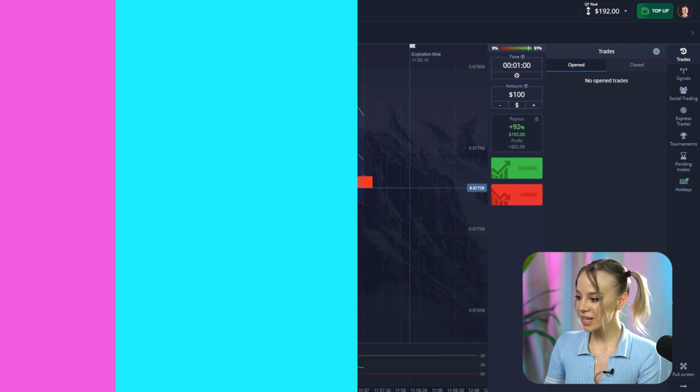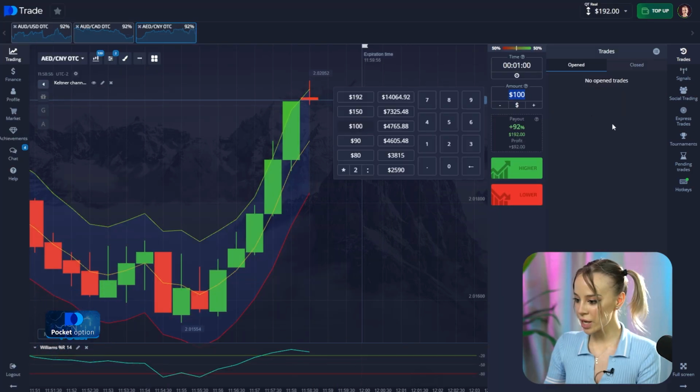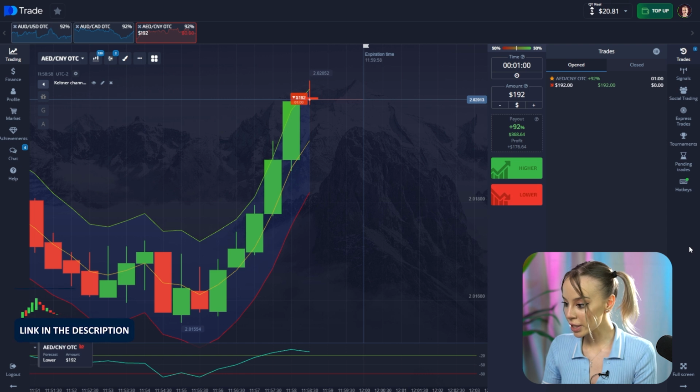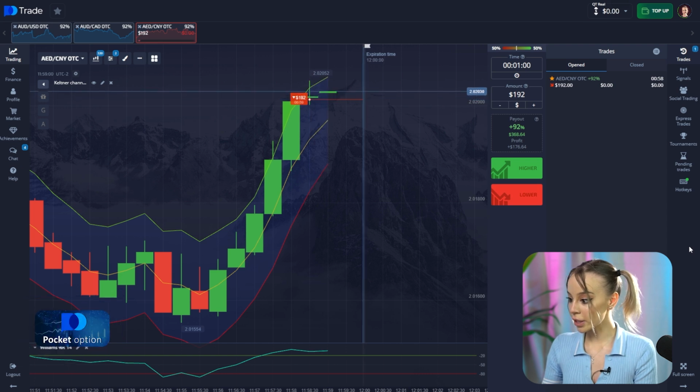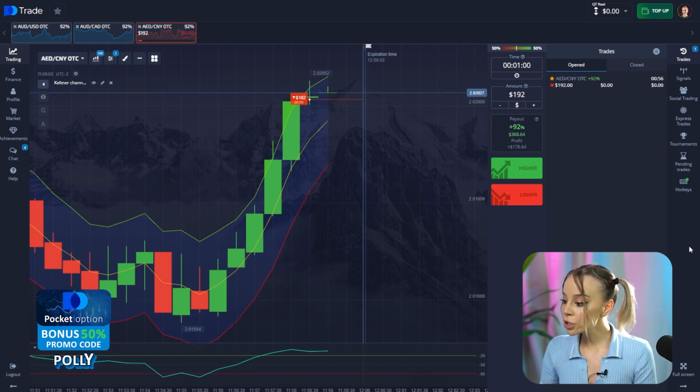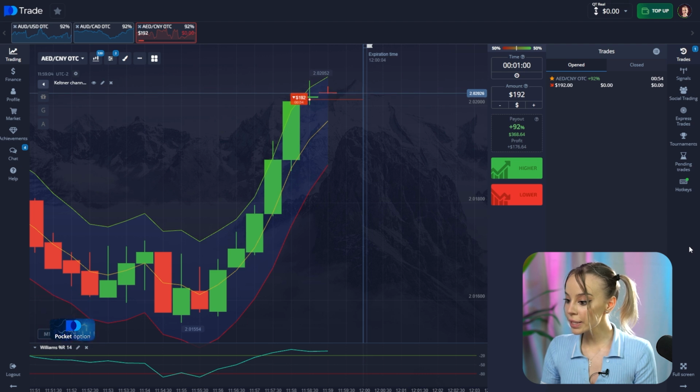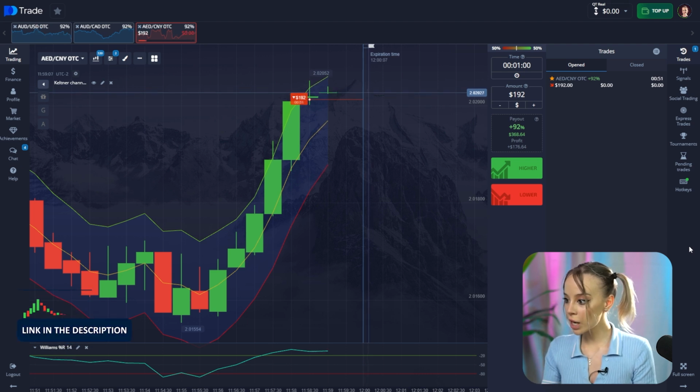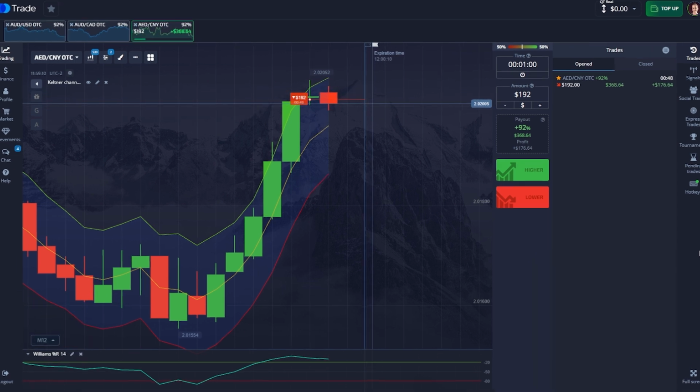Great start. We continue. I think we haven't entered the overbought zone. We're preparing to open an option down. We will be at least a pullback. So 192.